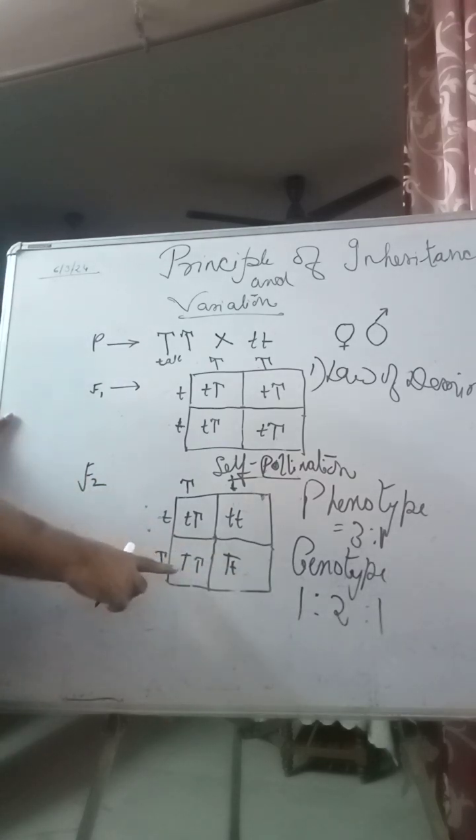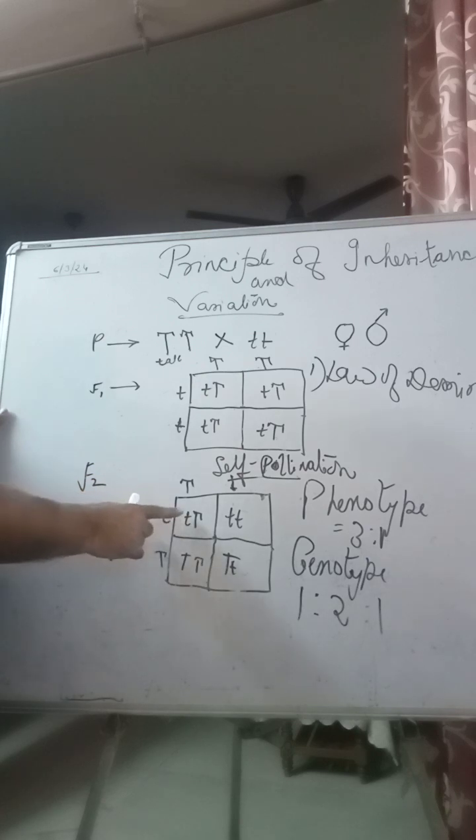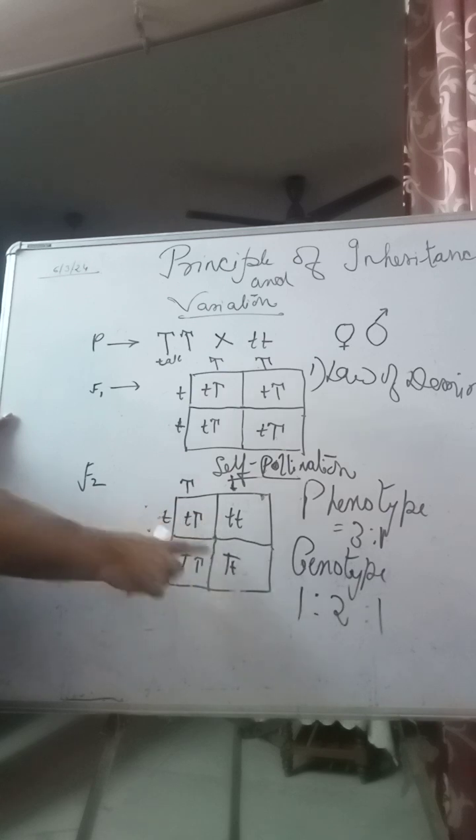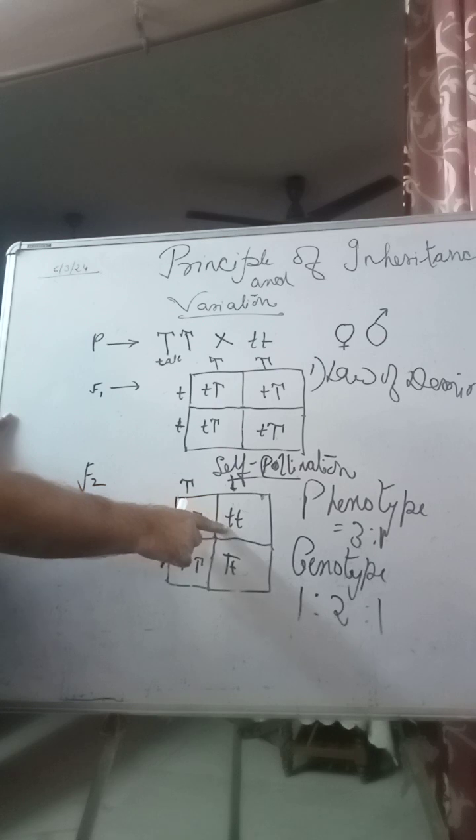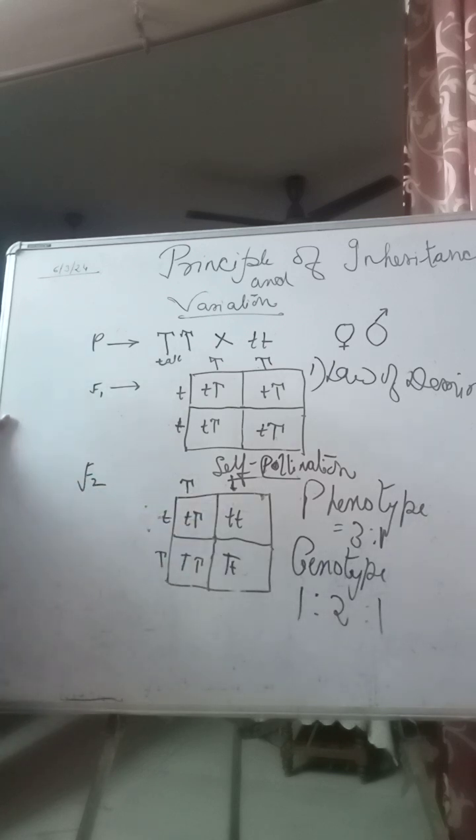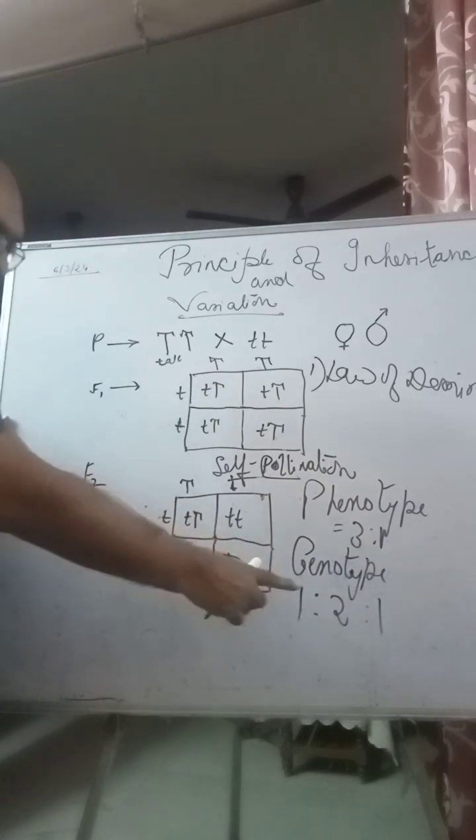And hybrid plants, having both the genes, small t and capital T, are two. So it is two in the middle. And again, pure dwarf, one is there. Both the genes are of dwarfness. So it is pure dwarf, hidden, in small letters, so it is again one. So what is the genotypic ratio here? 1:2:1.